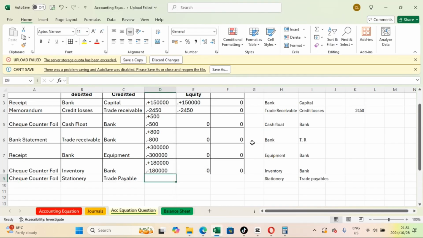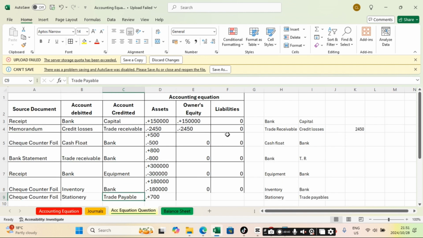Yes, so we bought 700. So it means stationery is increasing by 700. So plus 700. Trade payable. Is our trade payable an asset, owner's equity, or liability?